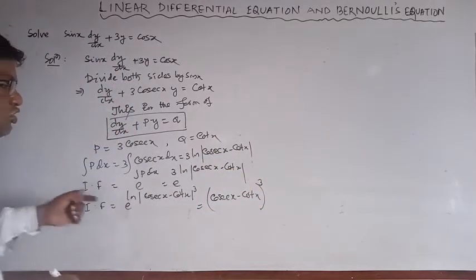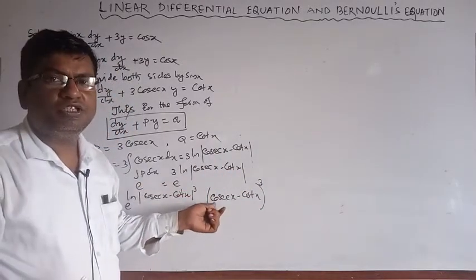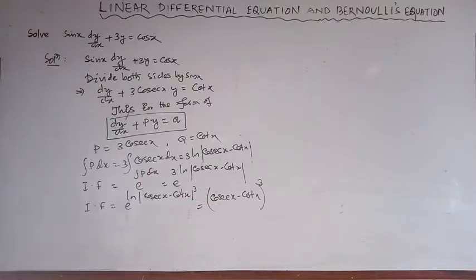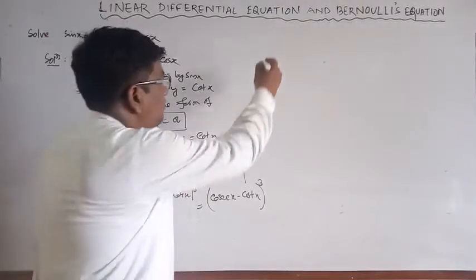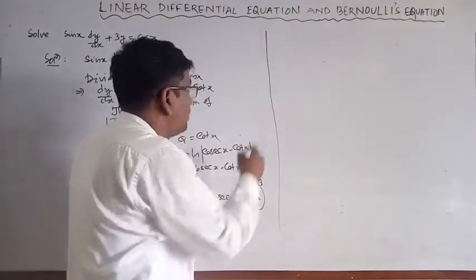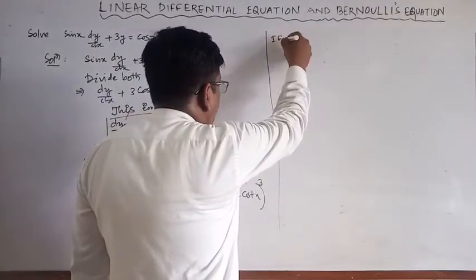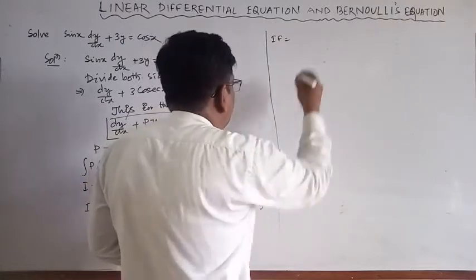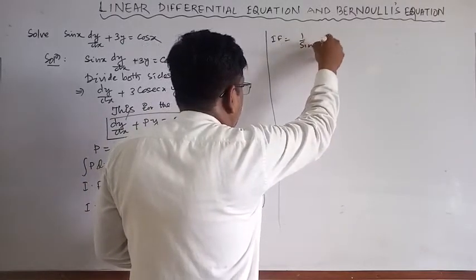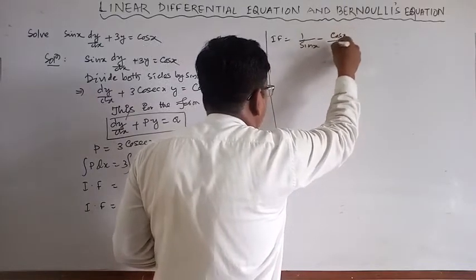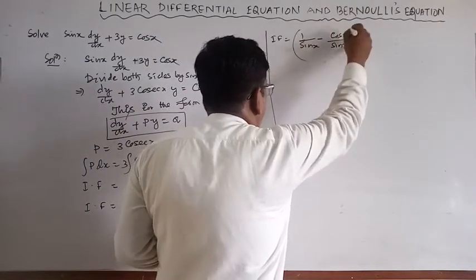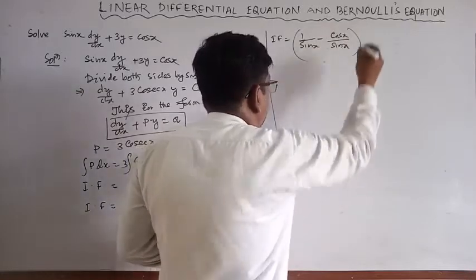Clear? Now simplify this. This is equal to IF is equal to 1 by sin x minus cos x by sin x, whole to the power 3.